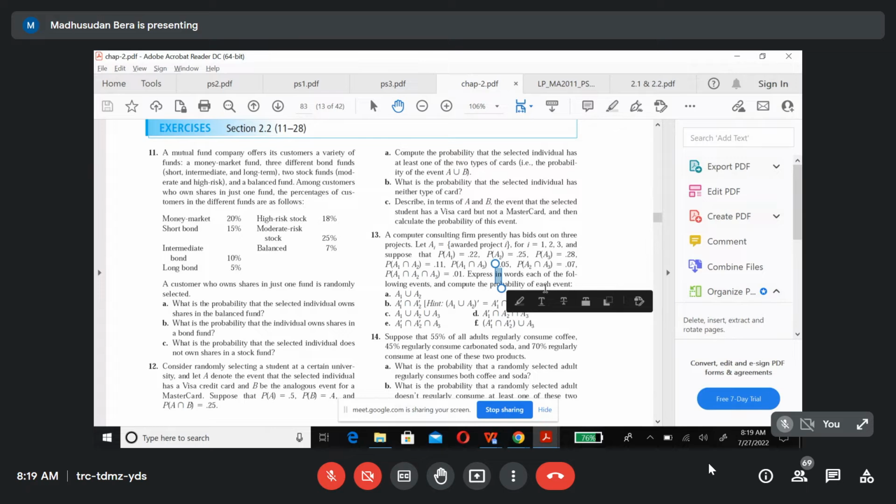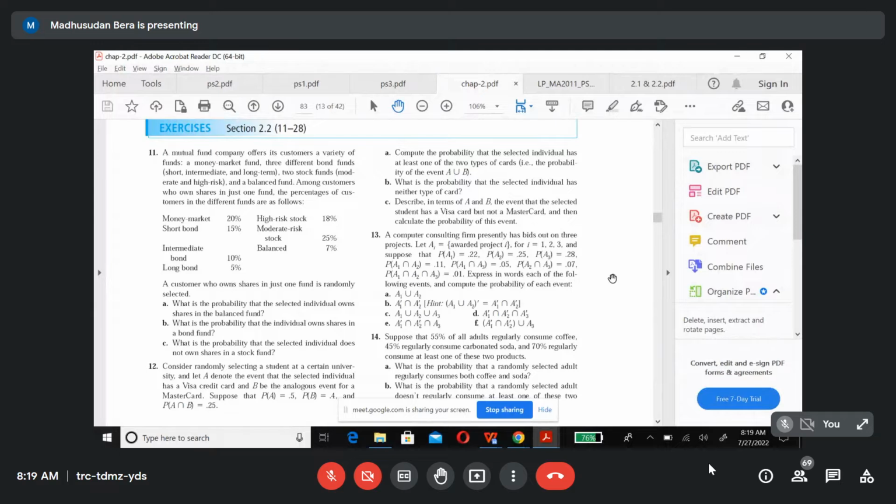Express in words each of the following events and compute the probability of each event. The probability of each event A1, A2, A3 is given, and their intersections two at a time and three at a time are given.